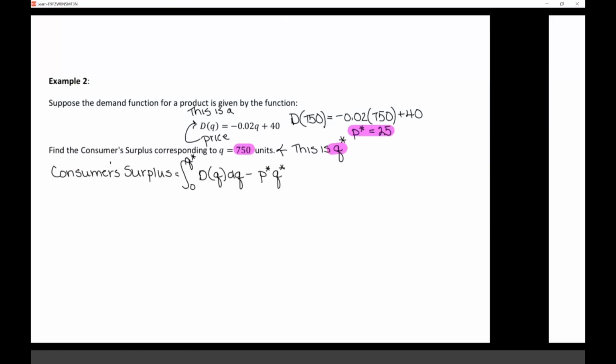So why don't you try figuring out the consumer surplus? You do that part and then type done when you finish.